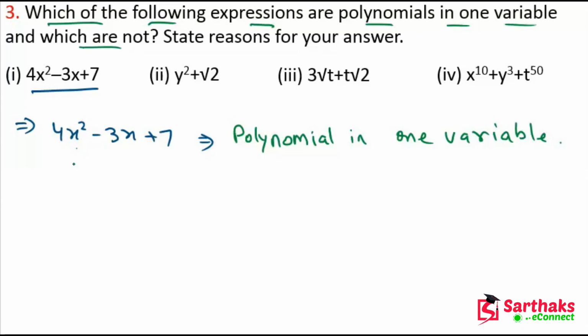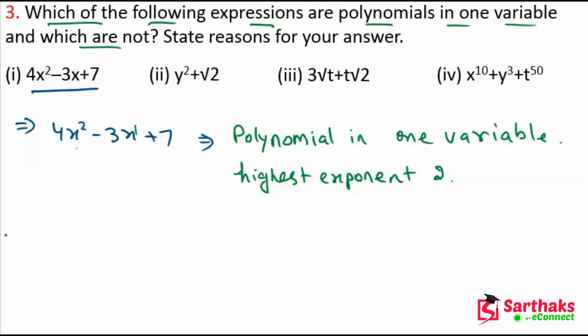So x is the only variable in this equation, and the highest exponent is 2. The exponent of x in the middle term is 1. So, my dear friends, we can say that this is a polynomial in one variable.